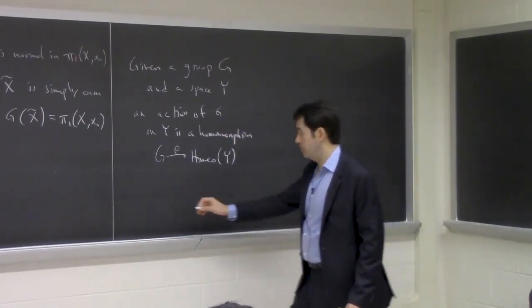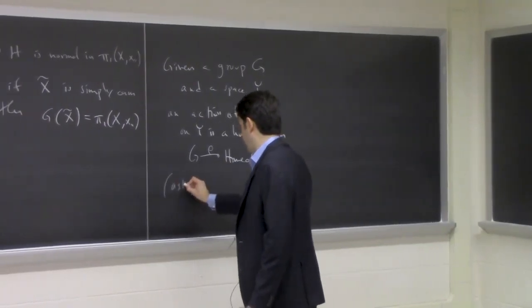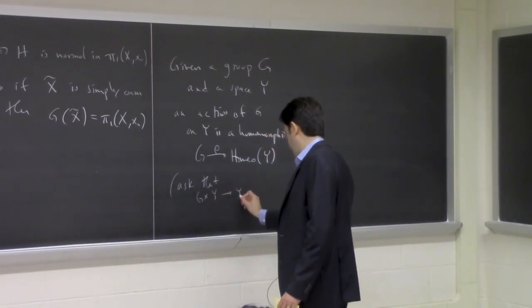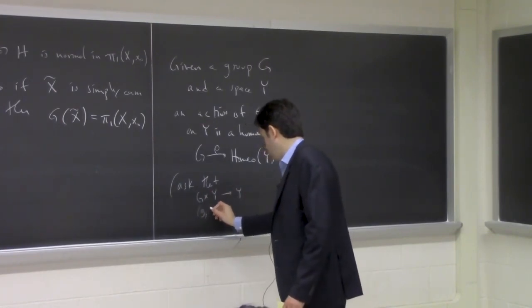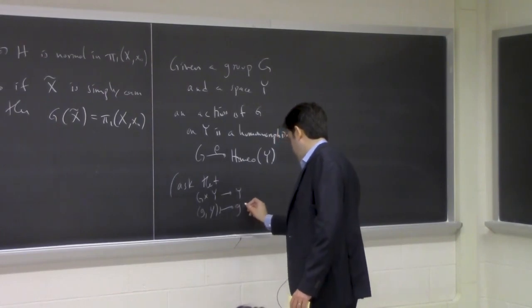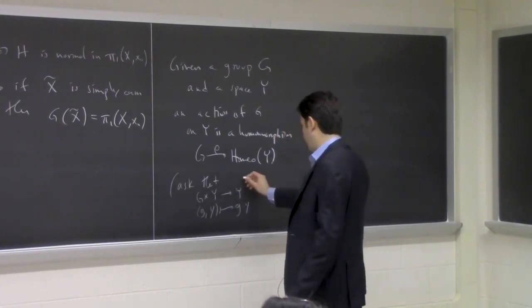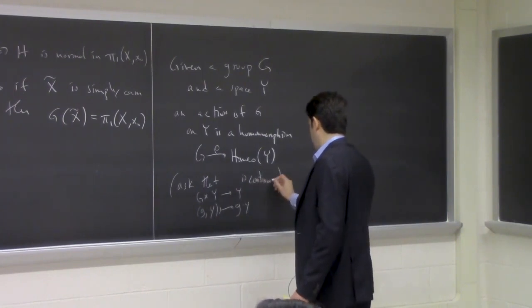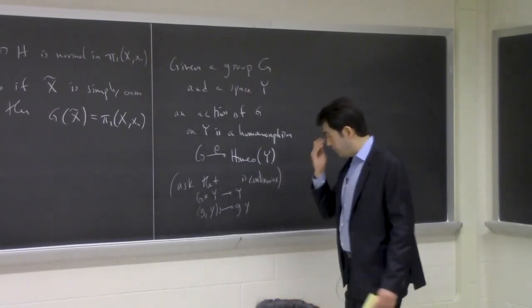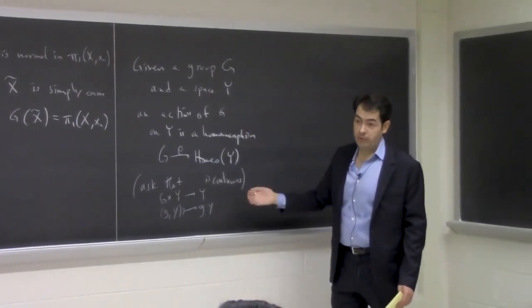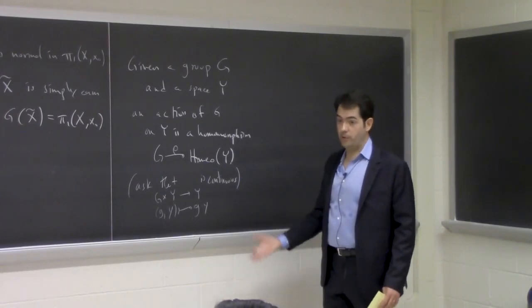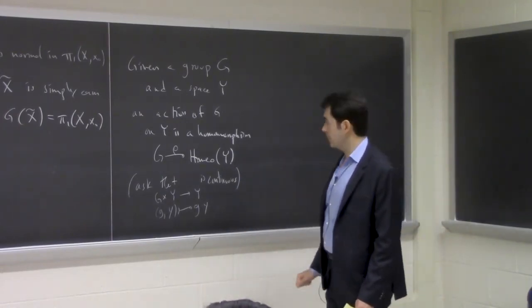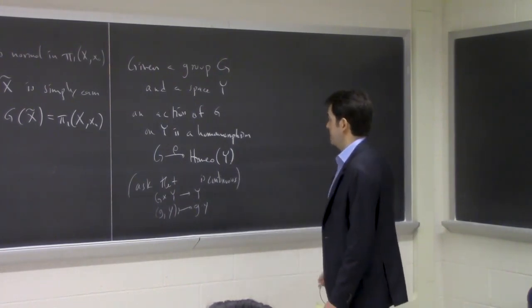If we wanted to include some topology on it, you could ask that the map, where you take an element of the group, an element of the space, and then look at the action, you could ask that this is continuous. Right, but if we're not putting a topology on the space, or equivalently, if we're thinking of the group with the discrete topology, then there's nothing to check. Right, just that you get a homeomorphism on Y.